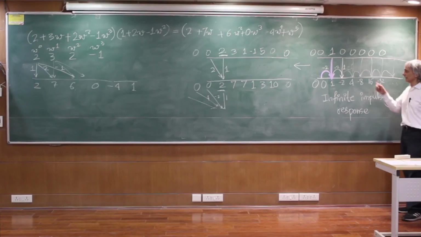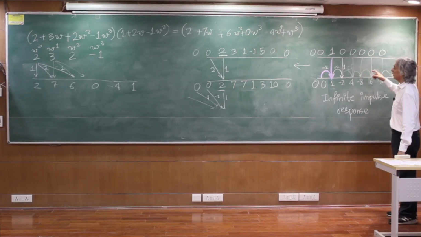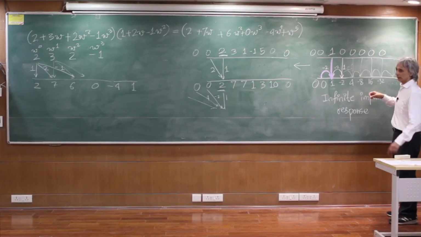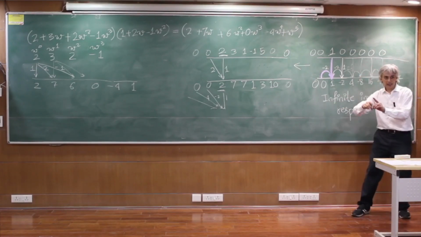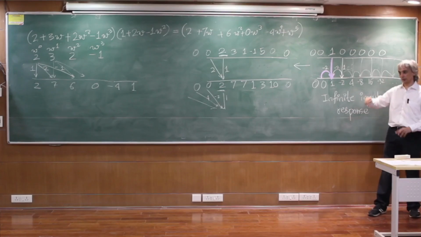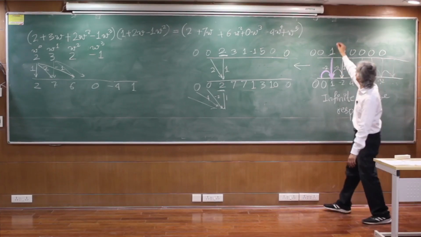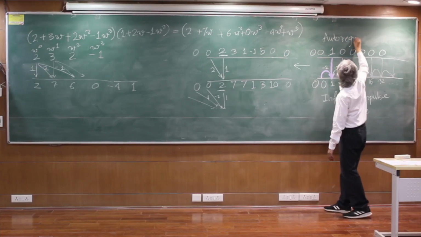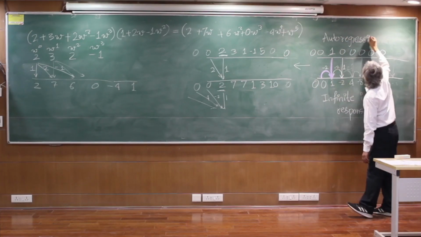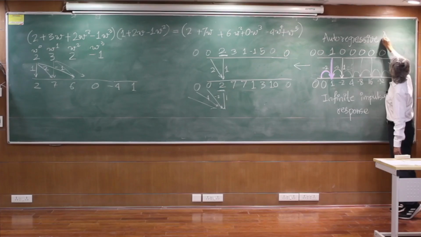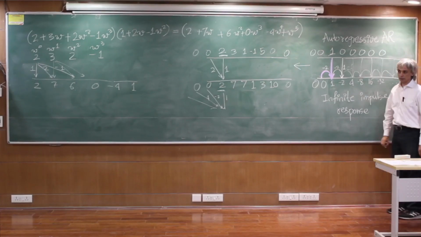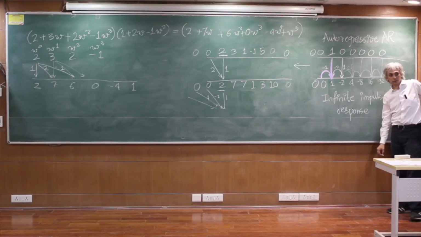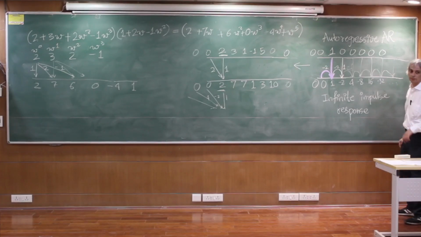This specific kind of filter, which takes in previous outputs and multiplies them, is called an autoregressive filter, or AR filter for short. Okay?